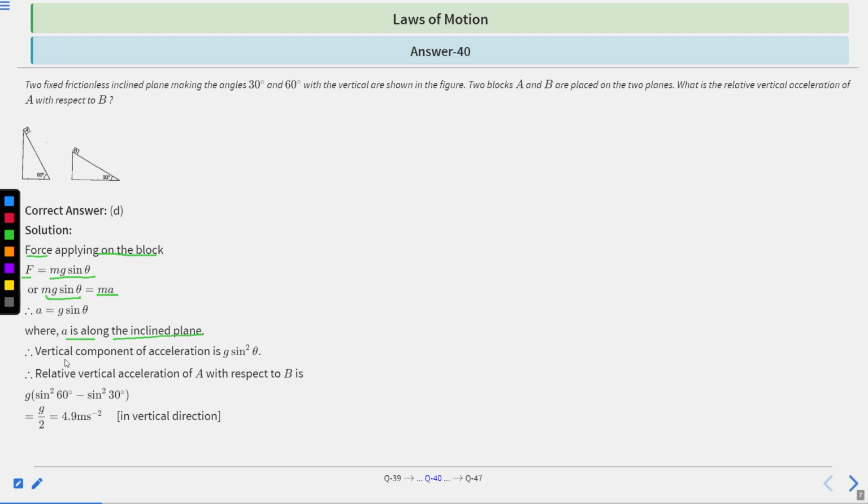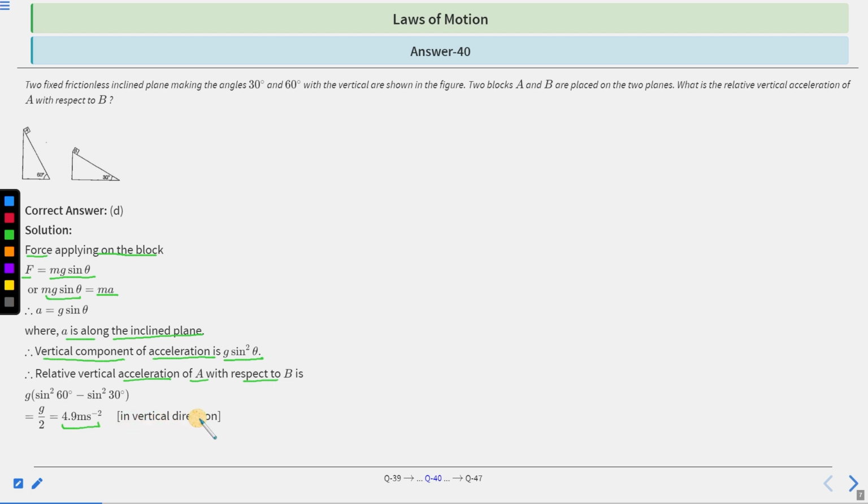The vertical component of the acceleration is g sin square theta, and the relative vertical acceleration of A with respect to B is g times sin square 60 degree minus sin square 30 degree. Solving this, you will get 4.9 meter per second square in vertical direction.